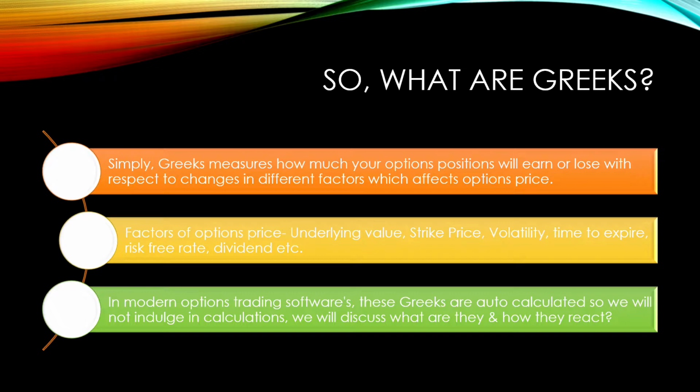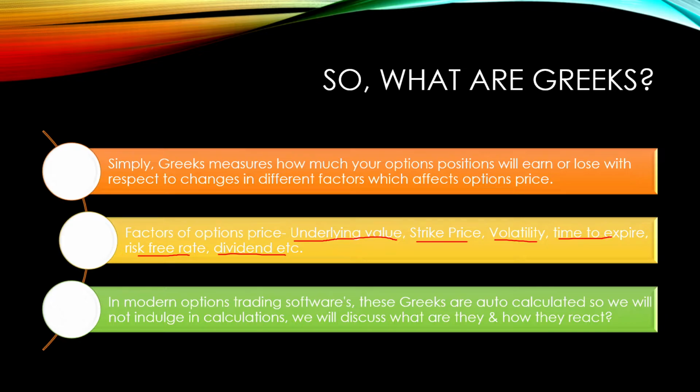So how can one derive the option price? If you put in the underlying value, strike price, volatility, time to expiry, risk-free rate, and dividend into the Black-Scholes formula, it will fetch out the theoretical value of options.